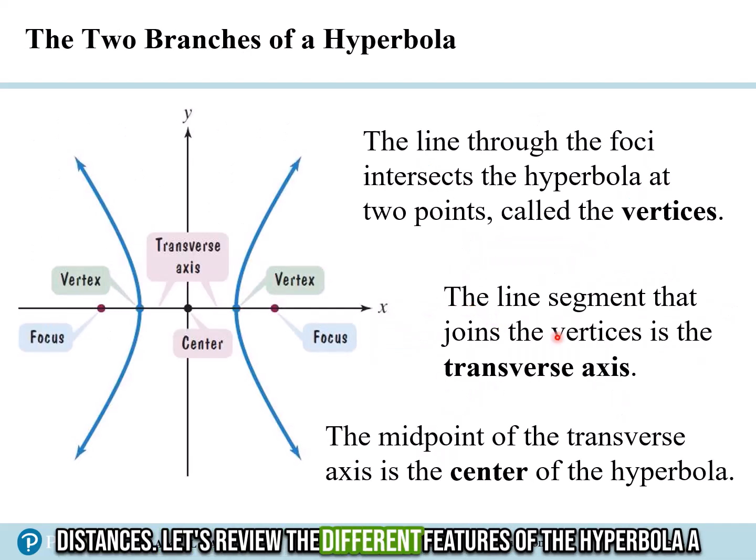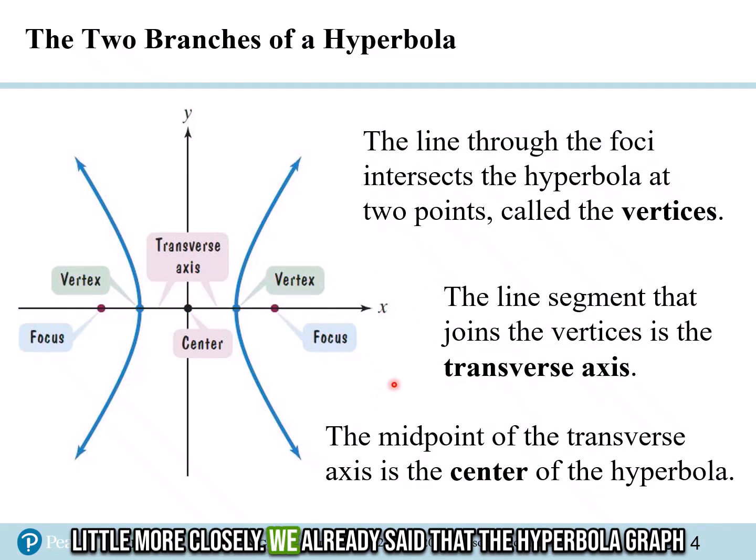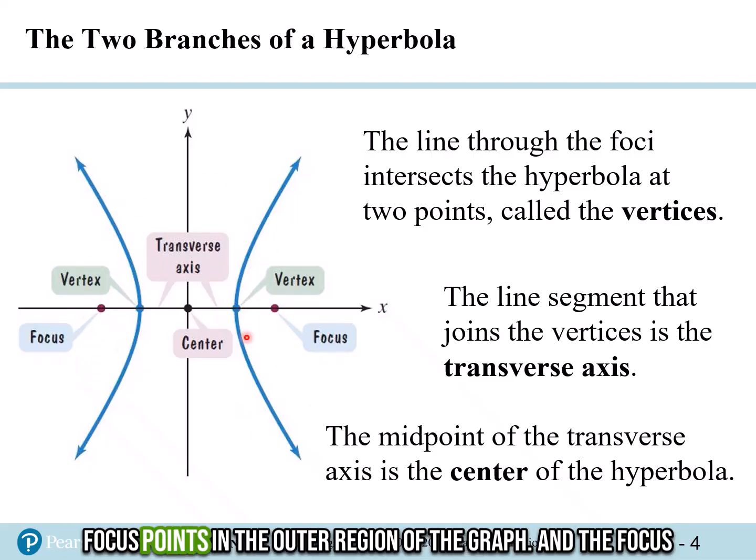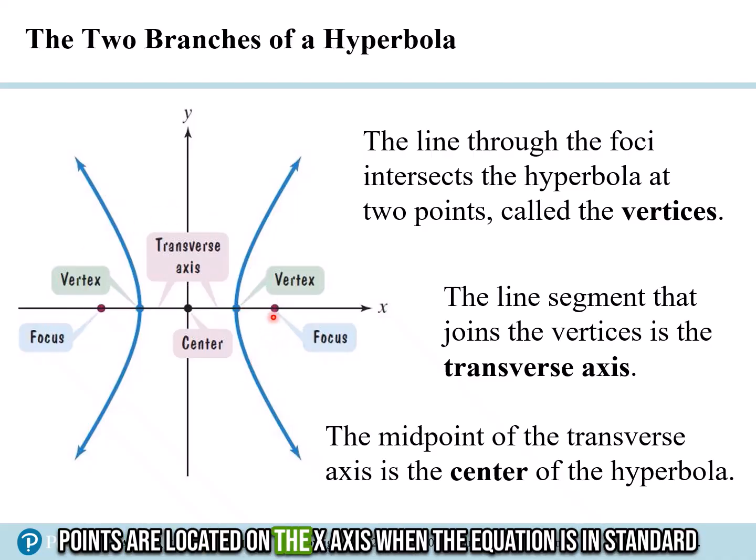Let's review the different features of the hyperbola a little more closely. We already said that the hyperbola graph comes in pairs. They are pretty symmetrical and they have two focus points in the outer region of the graph, and the focus points are located on the x-axis when the equation is in standard form.